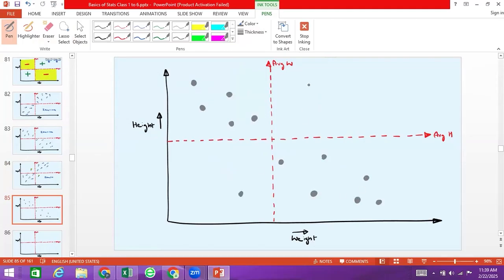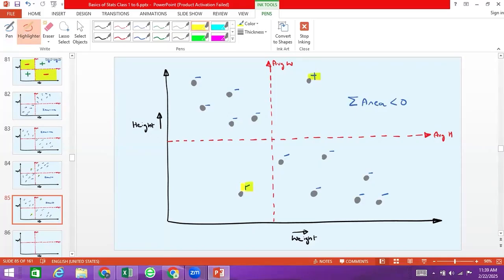And there are few points, let's say this is positive, this is positive, and the rest of the points are negative because these are in this coordinate. What will be my summation of area? Negative, right?